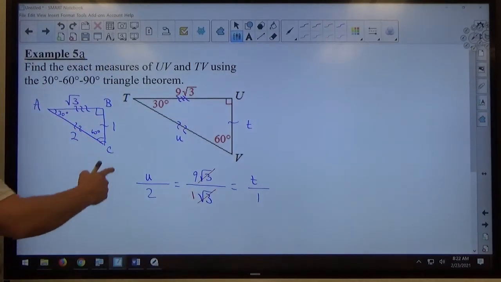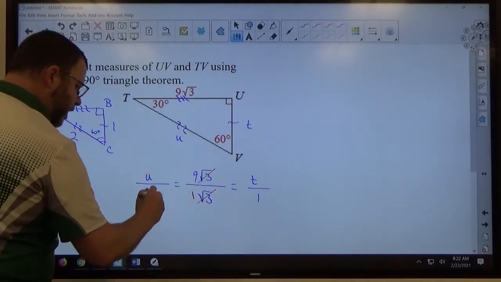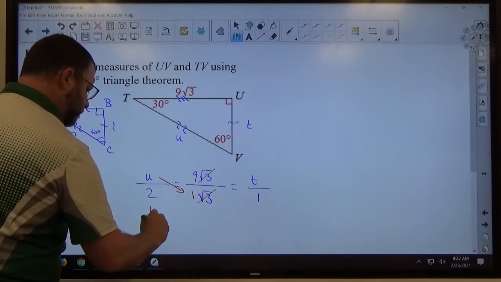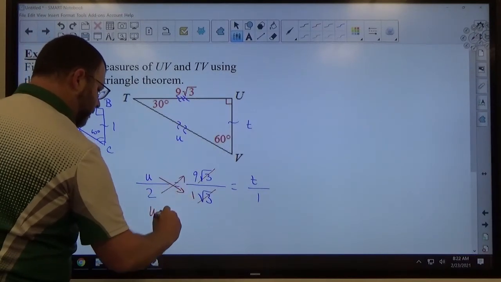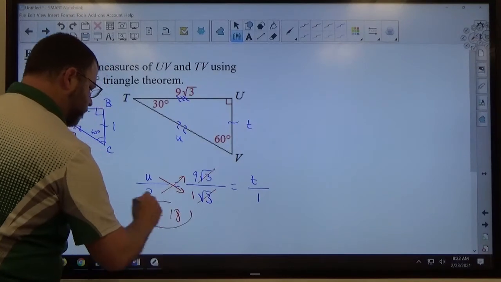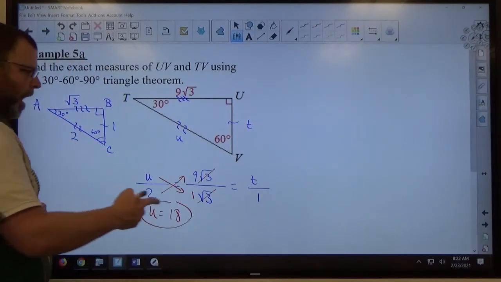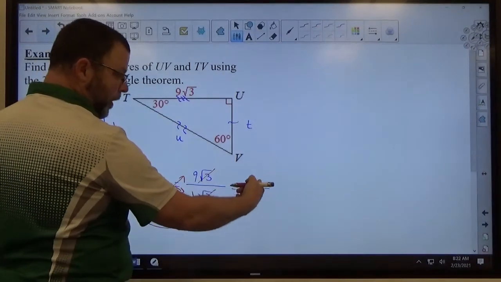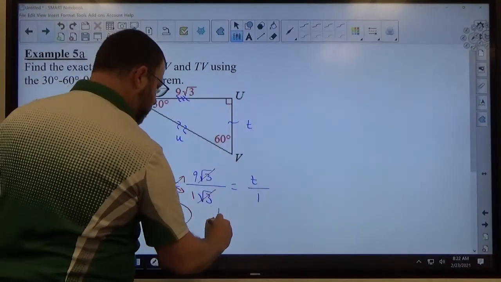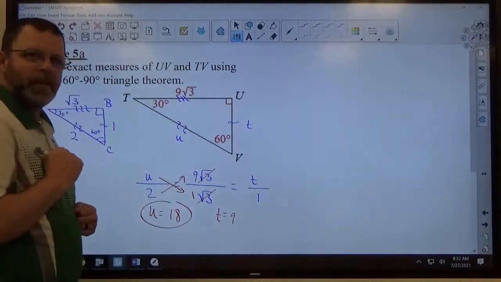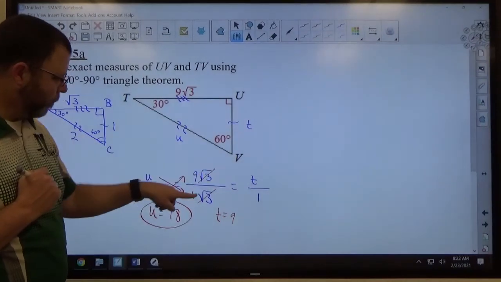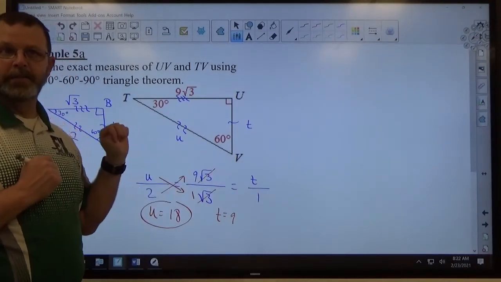So if I cross multiply this one, I'm going to get 1 times U equals 2 times 9. So U is 18. I could cross multiply this one, but notice it's T over 1 equals 9 over 1. So T is equal to 9. If you cross multiply, you get the same result. T times 1, T, equals 9 times 1, 9.